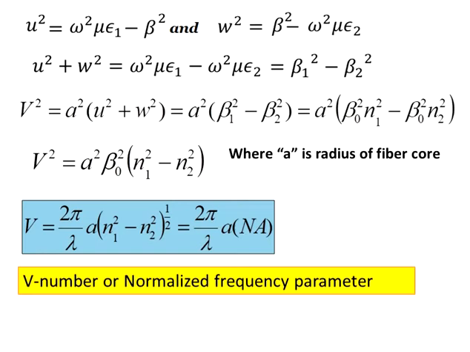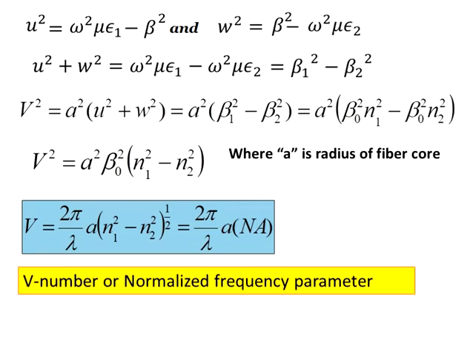Remember, this NA is one of the important parameters, but it is related only to the refractive indices of the core and cladding. From this numerical aperture, we cannot say anything about the fiber core diameter or the wavelength of the light that is passing through the core.